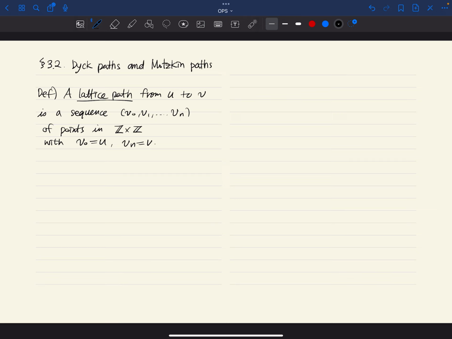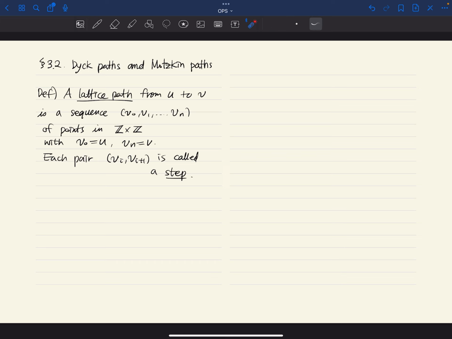So a lattice path is nothing but a sequence of integer points. That's all. Simple, right? And each pair, Vi and Vi plus 1, is called a step.